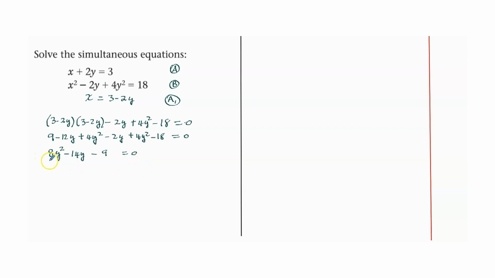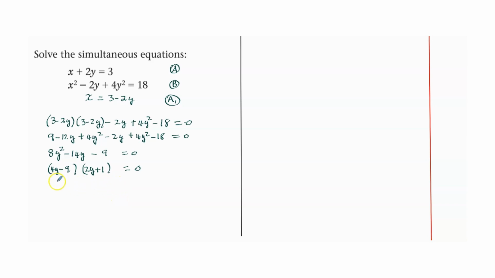So here we have a quadratic equation where the coefficient of y squared is greater than 1. I've done several videos in my video description on how to factorize quadratics of this form, so I won't explain the factorization. We'll just go through and write down our values. So here we would have 4y, and I would have 2y here, minus 9, and this would be positive 1.